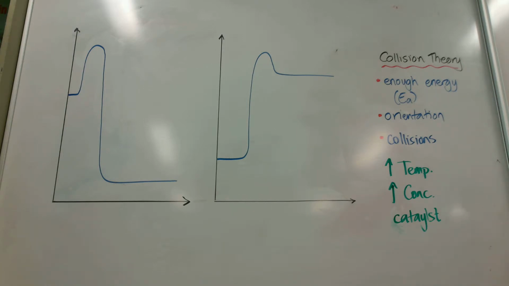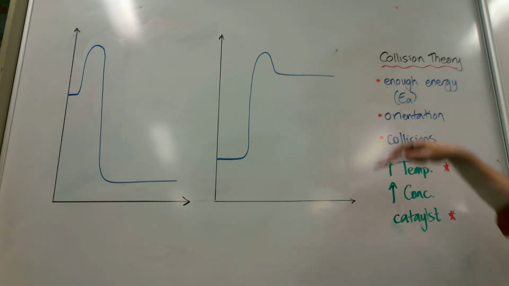We need to be able to show these two on a graph. I can't show concentration on these graphs other than to squeeze it up that way. It happens faster, but it has no effect on the actual shape, so we don't tend to look at the concentration. But we do need to know what would happen if we increase the temperature.